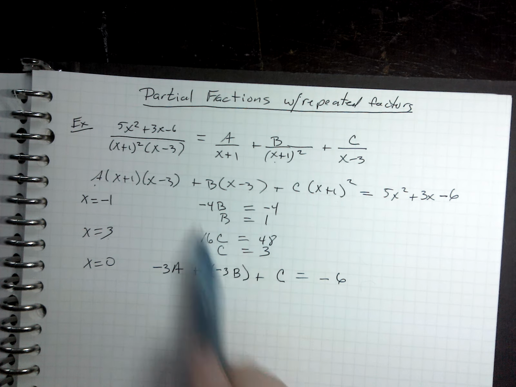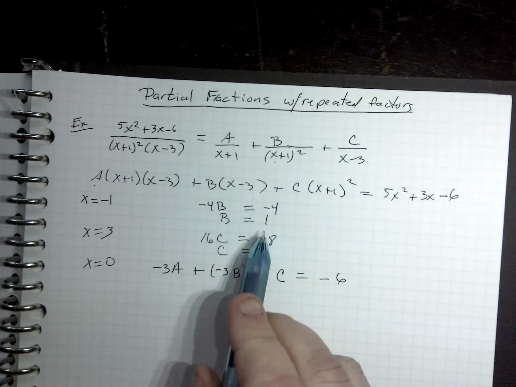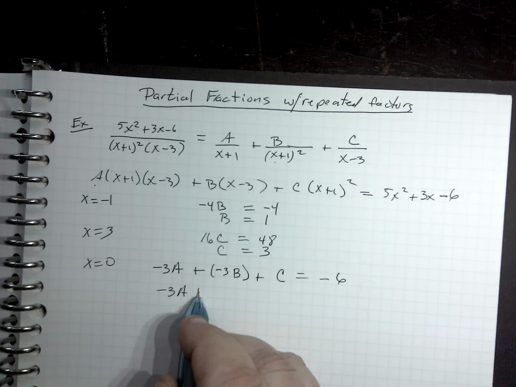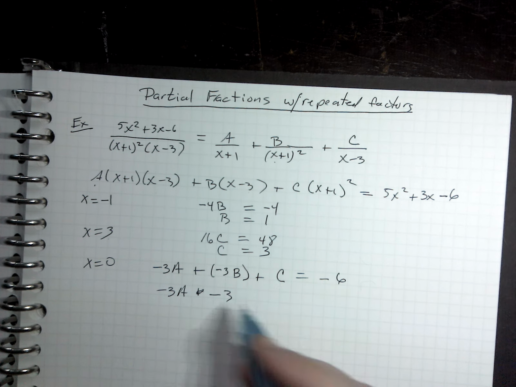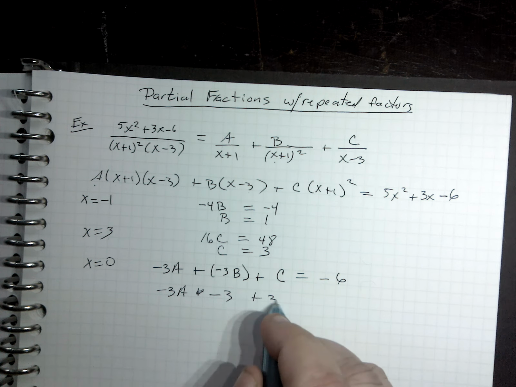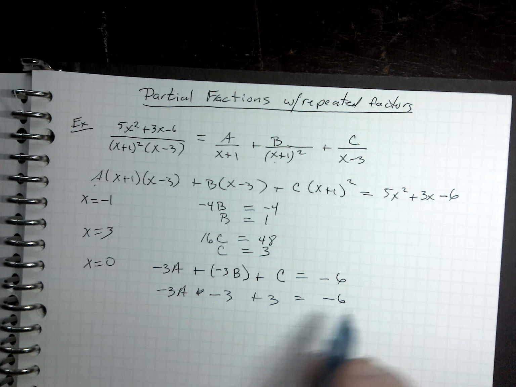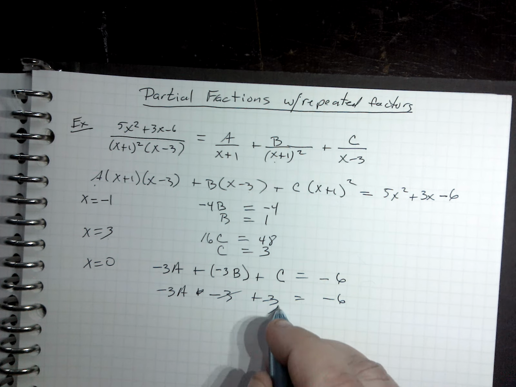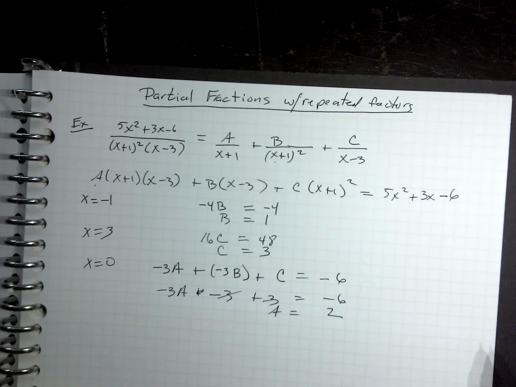A was, where's A? Oh, that A is what we're looking for. B is a 1, so I have -3A. B is 1, so I have -3. C is 3, plus 3. Well, that's cool. -6, those will subtract off. -3A equals -6, which means A equals 2.